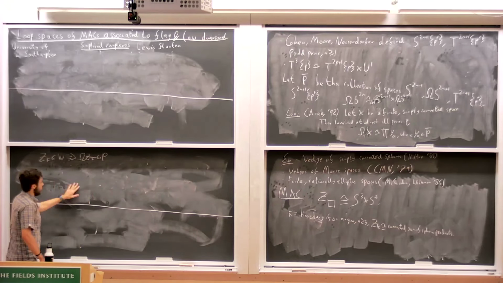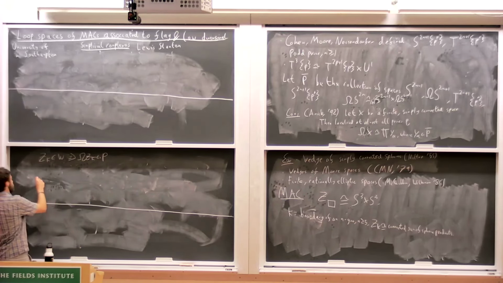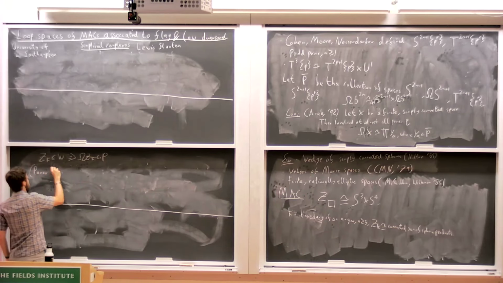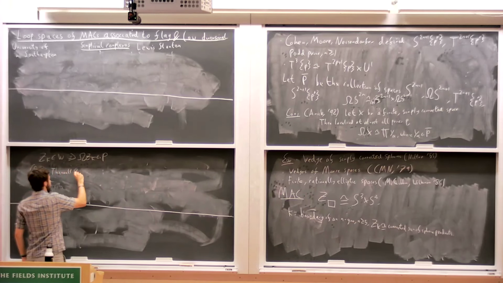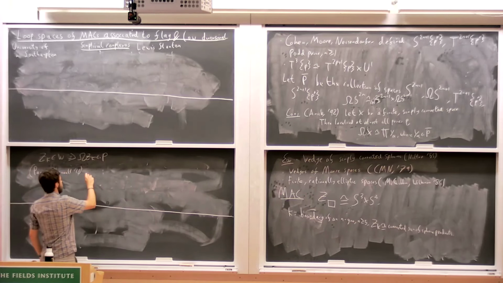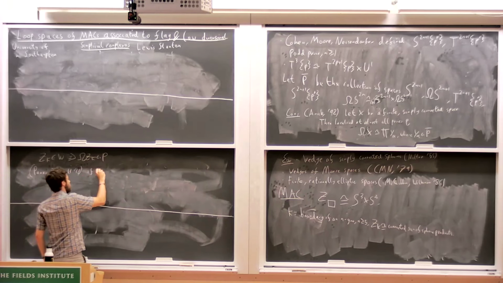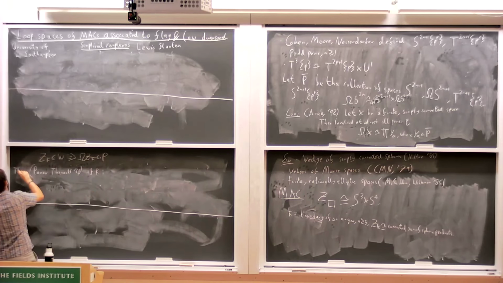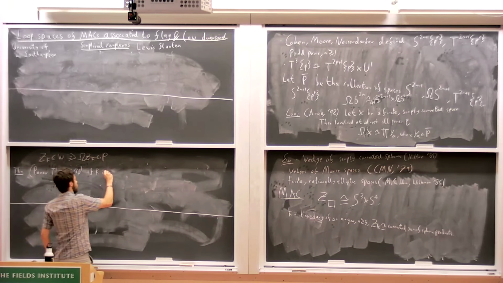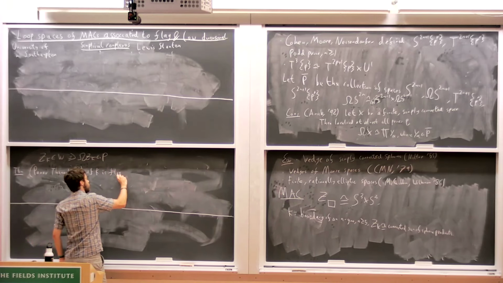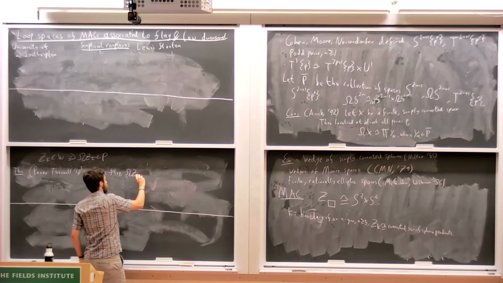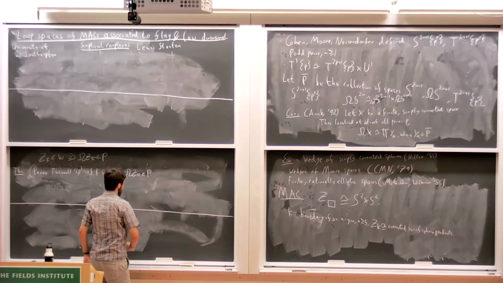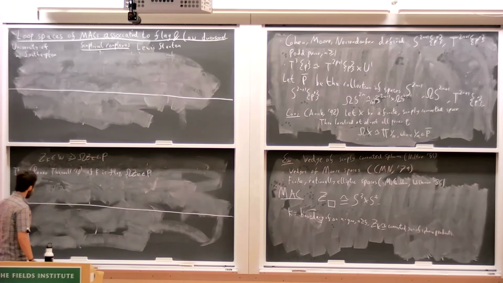And the first kind of work in this direction was a result of Panov and Theriault in 2018, which says, theorem: if K is flag, then the loops on ZK decomposes as a product of spheres and loops on spheres.